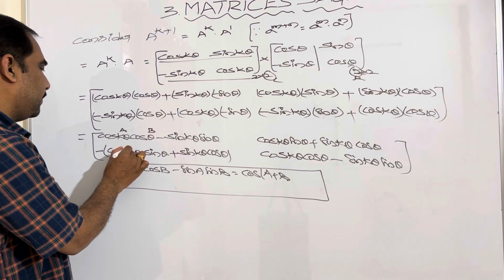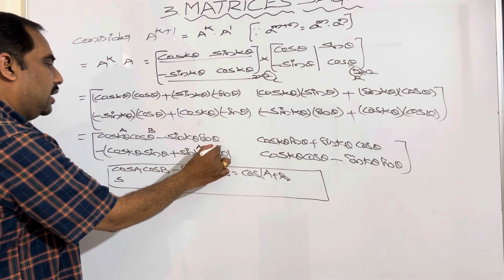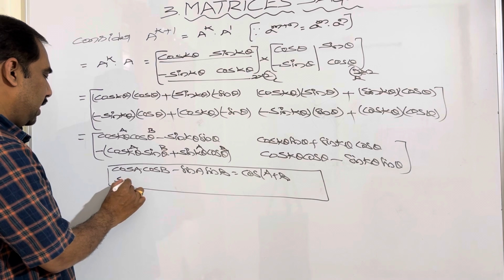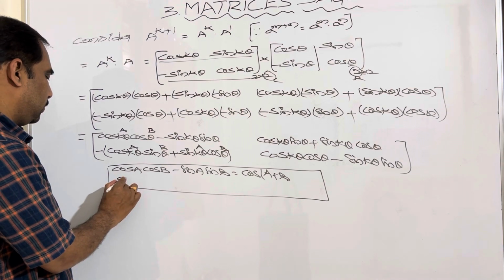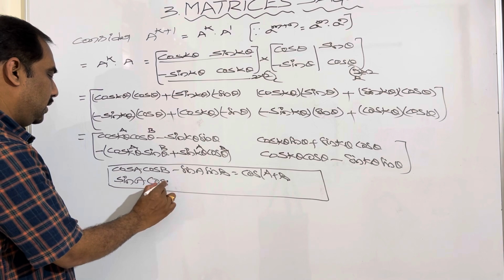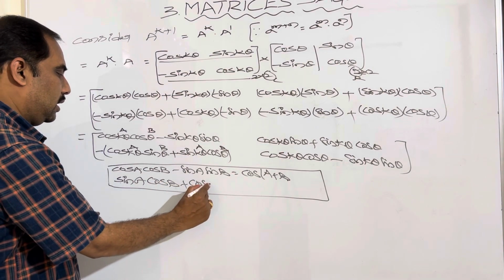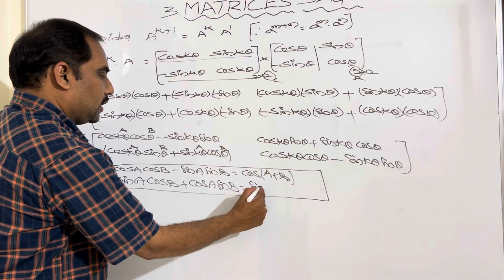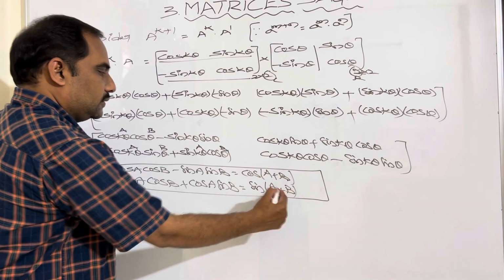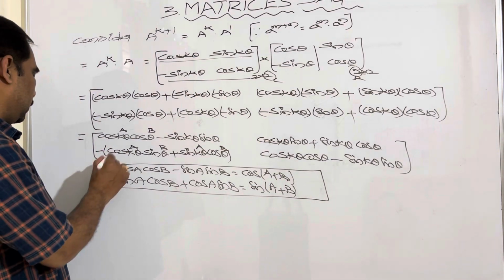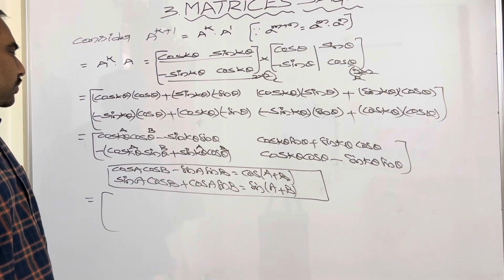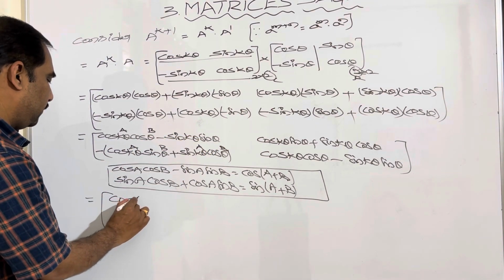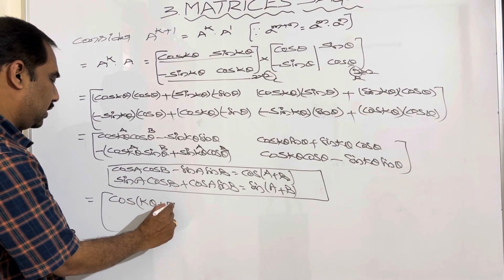If you take k theta as A and theta as B, we get sin A cos B plus cos A sin B, which is sin of A plus B. So cos A cos B minus sin A sin B gives cos of A plus B, that is cos of k theta plus theta.